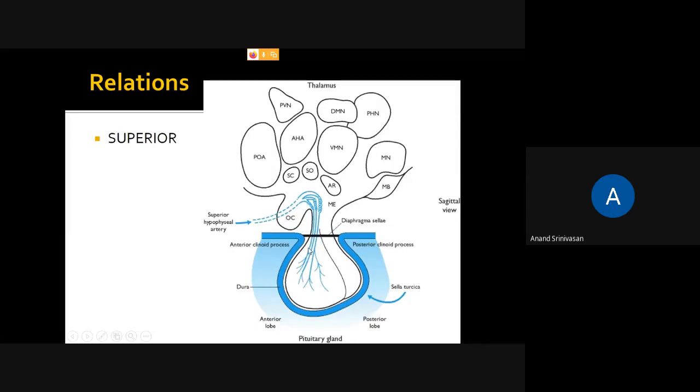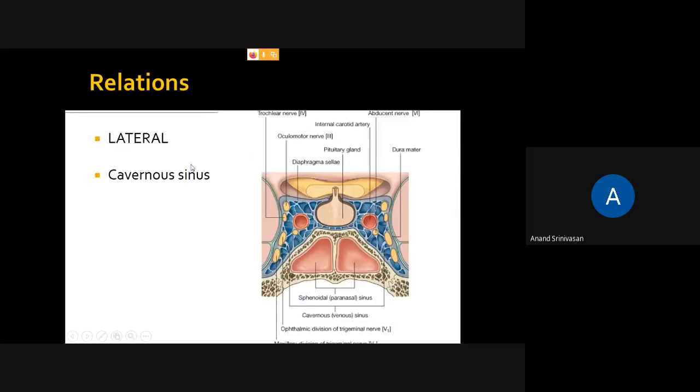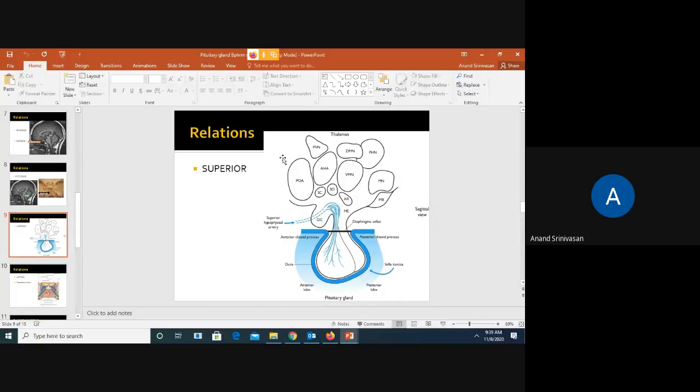Now the superior part. Okay, so here you can see the pituitary gland. Superior to the pituitary gland, you can see a structure which is named OC. So what is this one? OC stands for optic chiasma.